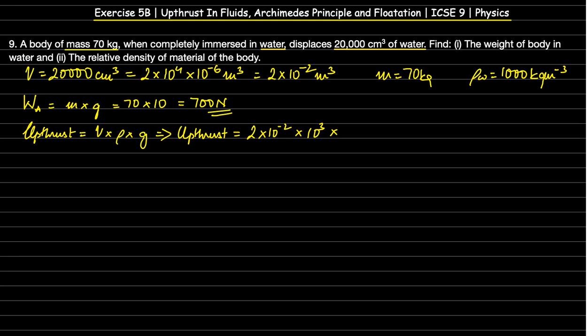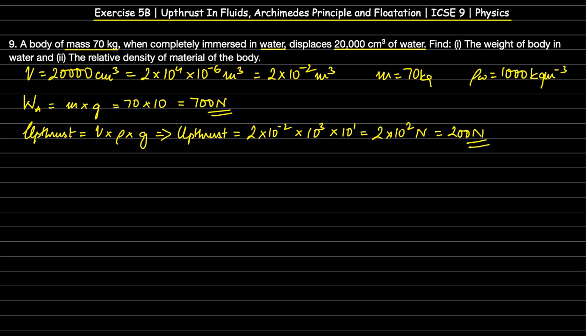So acceleration due to gravity is 10, which can be written as 10 to the power of plus 1. So 10 to the power of 3 into 10 to the power of 1 will be 10 to the power of 4, and 4 minus 2 will give us 2. So we get this as 2 into 10 to the power of 2 newtons, which is nothing but 200 newtons. So we have got the value of upthrust here.